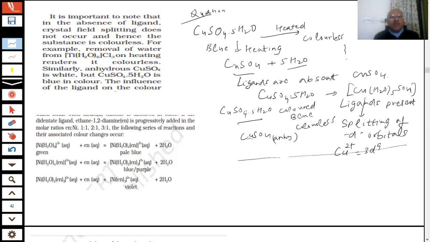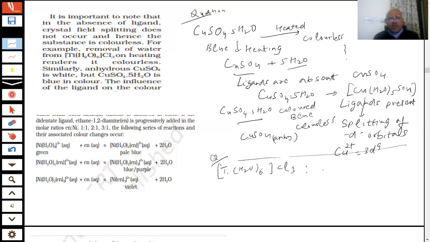Similarly, for example, questions on [Ti(H2O)6]Cl3 can be asked. Such questions will be asked in the paper. This is colored. Titanium 3 plus in water, what was the color of that?